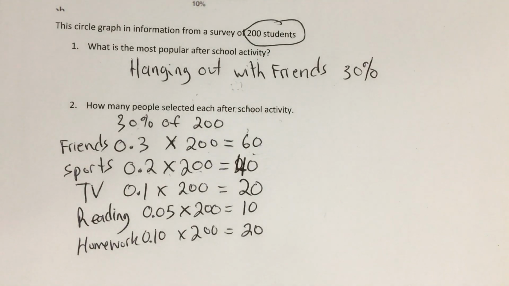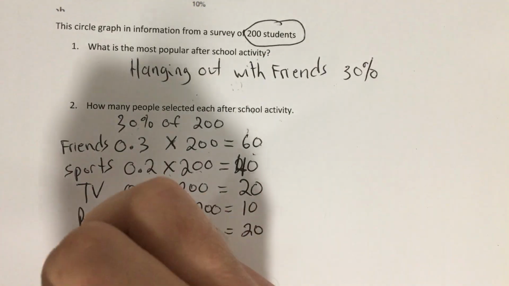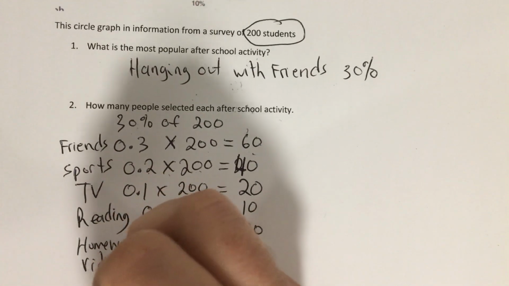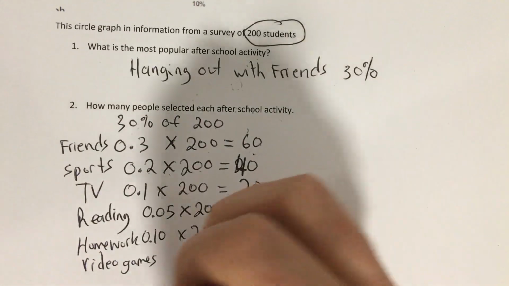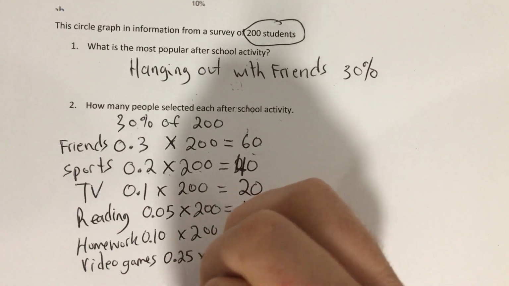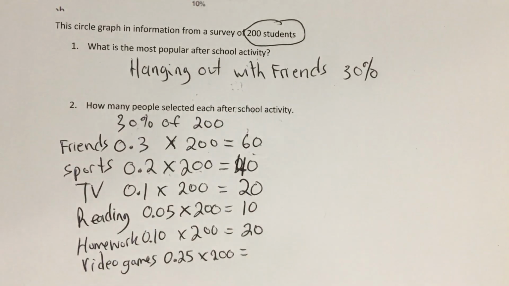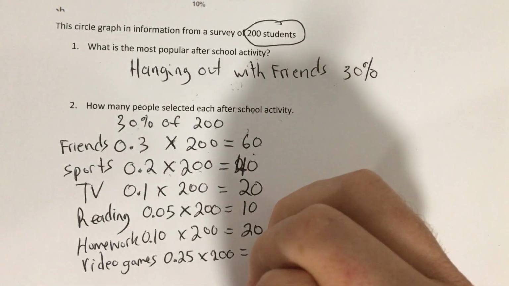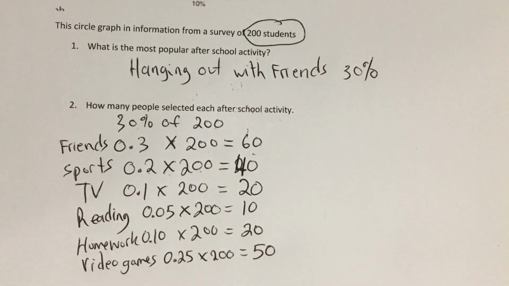So 20 people selected that. And our last one was video games, which was 25%. 25% written as a decimal is 0.25 times 200, and that'll be 50. Okay?